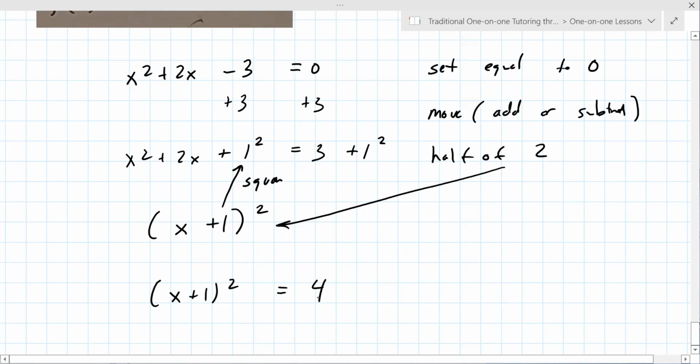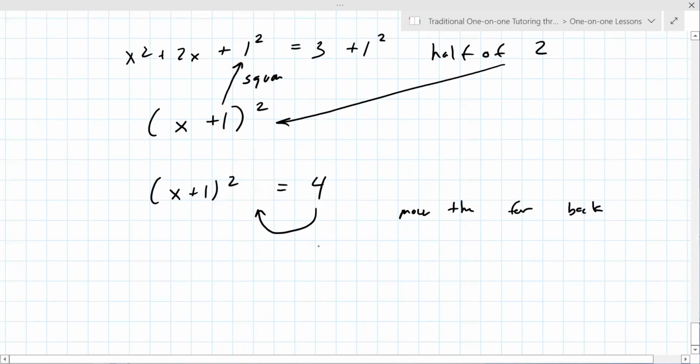And then the last step is to move the 4 back. You do that by subtracting, so you subtract 4 from both sides. So x plus 1 squared minus 4 equals 0.